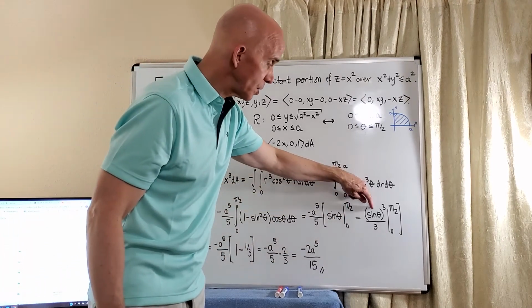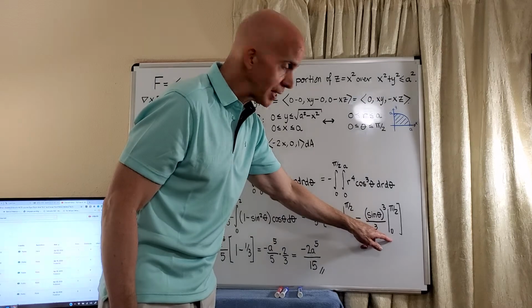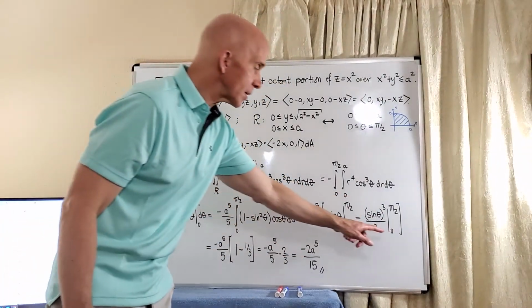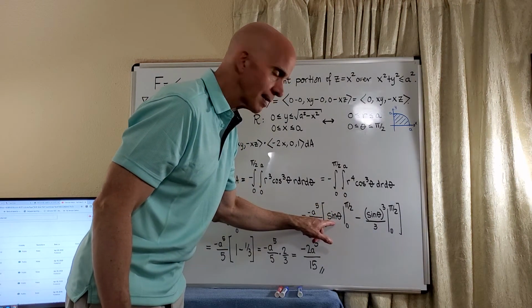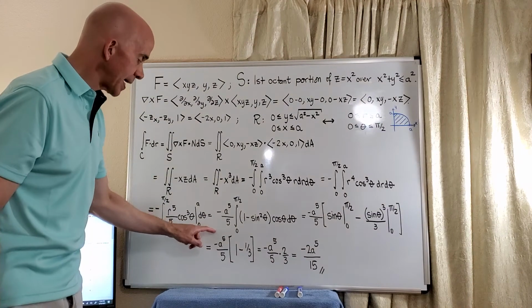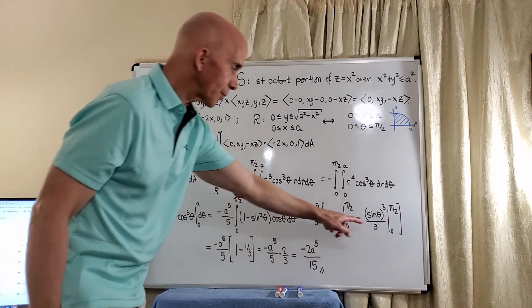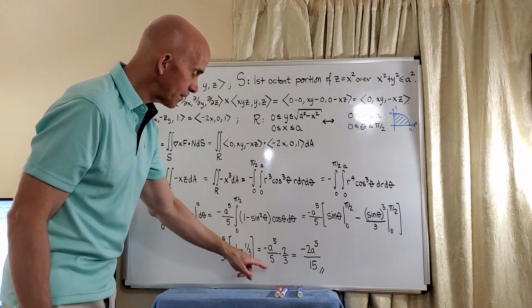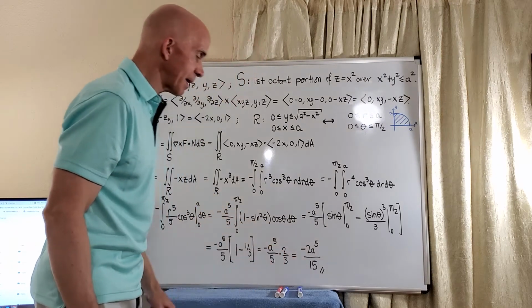So that'll give us the cube of sine divided by 3 with the negative, evaluated between 0 and pi over 2. Now we notice that the lower limits give us 0, but the upper limits give us a sine theta of 1. So we'll have the negative a to the 5th divided by 5 times 1 minus 1/3. And then that gives us 2/3 times the negative a to the 5th divided by 5, which gives us a negative 2a to the 5th divided by 15.